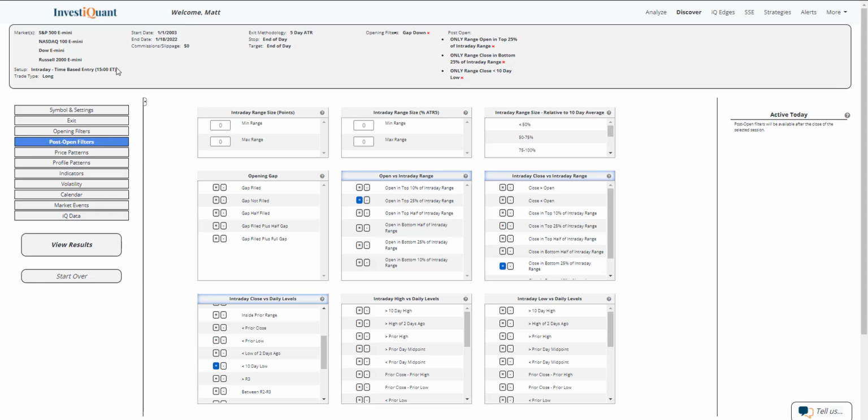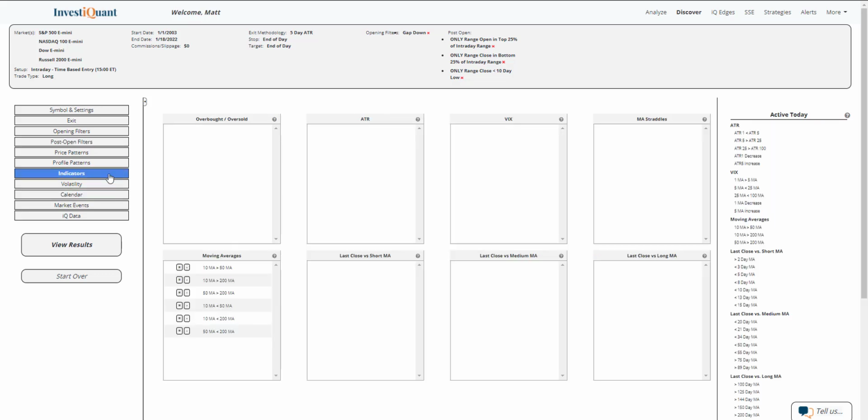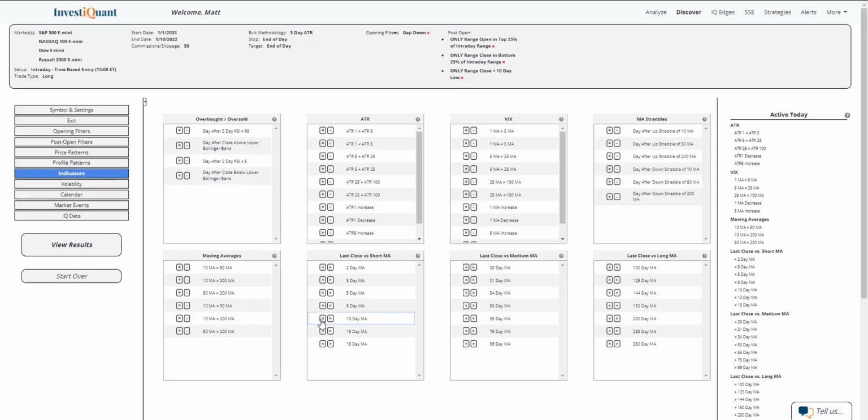That again means that at 3 o'clock, we are trading below the 10-day low, which currently is somewhere around 73 in the S&P at least. But we're below that as of now. We'll have to check where we're at at 3 o'clock to see if that's still true. And then indicators here put us in a similar market environment, below a 10, but above a 200-day simple moving average. Now I can click view results.